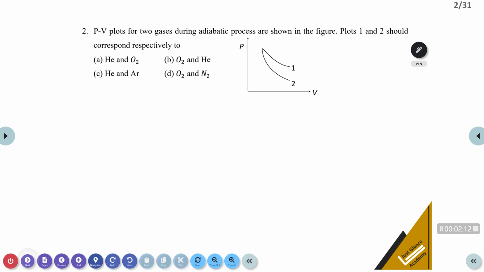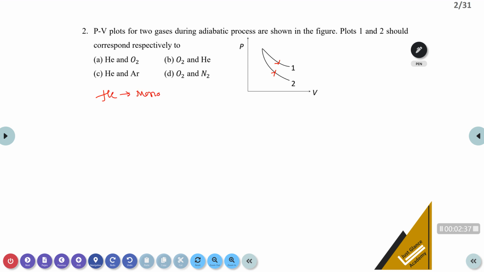Okay. Next. Here the PV diagram, the curves are shown like this. You have to identify which gas curve 1 belongs to and which gas curve 2 belongs to. The given gases are helium, neon, argon and so on.